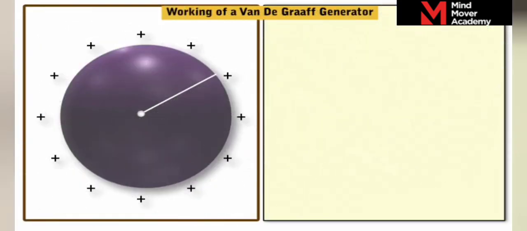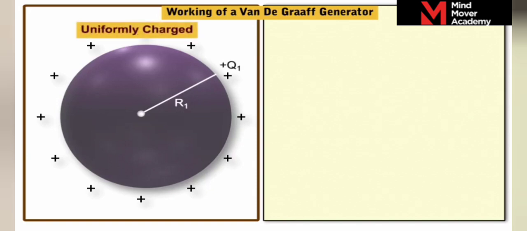To understand the principle behind the working of a Van de Graaff generator, let us consider a large conducting shell of radius R1 with a charge plus Q1 on it. This charge is uniformly spread over the conducting shell.